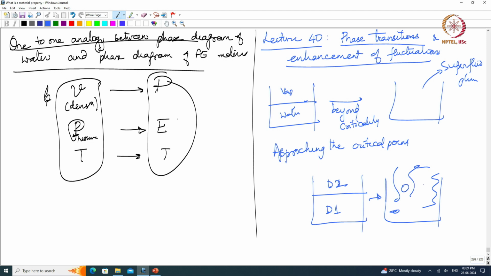You can actually see that optically, because you cannot really say what is water and what is vapor; the phase front starts to fluctuate a lot. There is a huge amount of density fluctuations which you can actually see, and eventually it all settles down to one phase, the supercritical or superfluid phase.